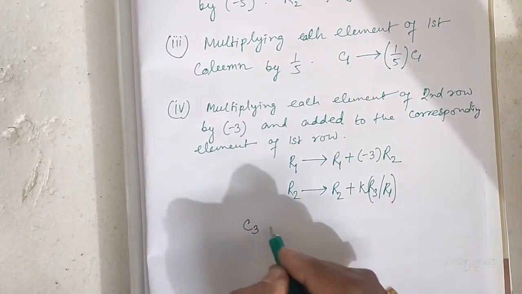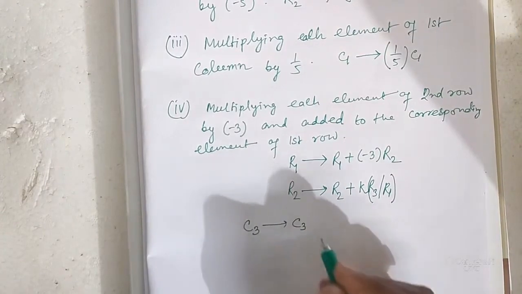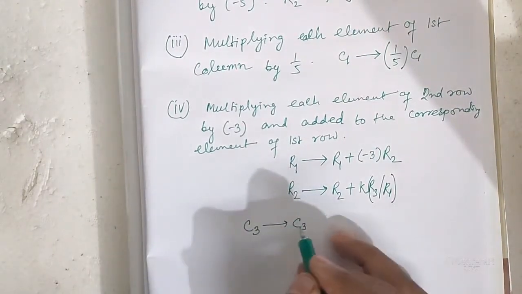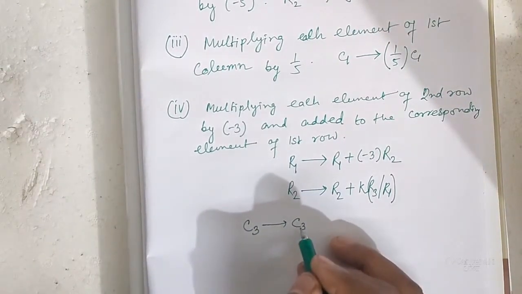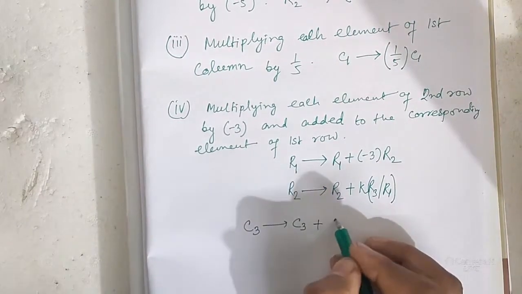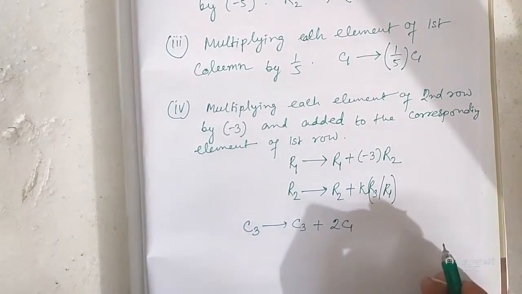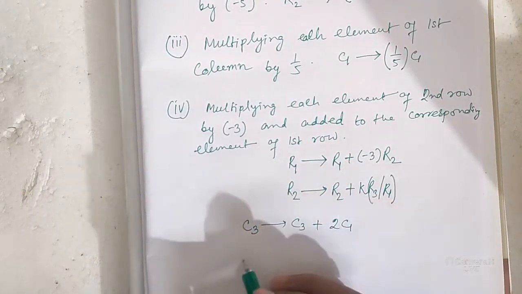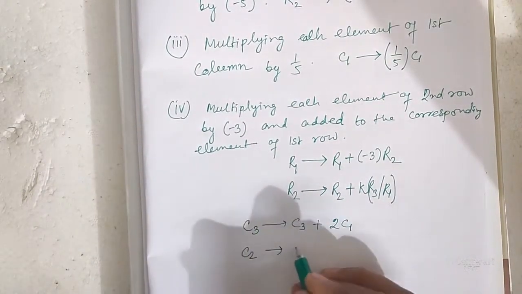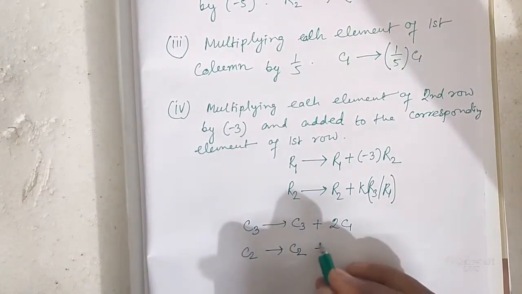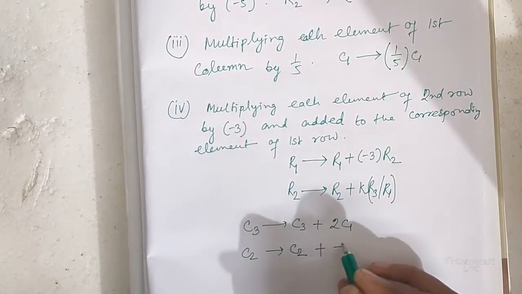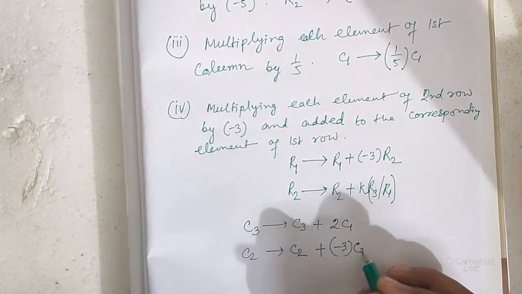If I am changing column 3, you cannot multiply any number with column 3 elements. You have to multiply a number with another column and then add with that column. If you are changing column 2, C2 plus -3 into column 3.